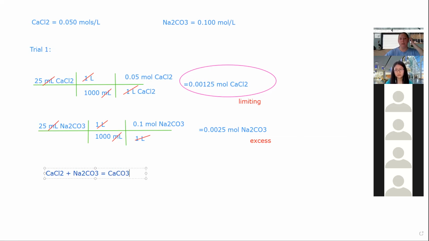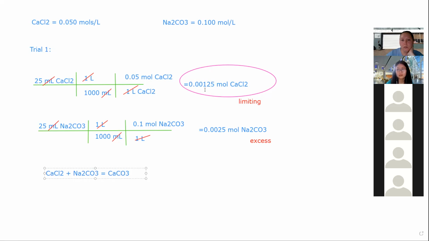I'm leaving out the sodium chloride because they're spectator ions and we don't need them. So this is our balanced chemical equation. Everything is a 1-to-1 ratio. Now that we have the limiting reagent of calcium chloride, we can figure out theoretically how much calcium carbonate we have. Okay, so let's do that.